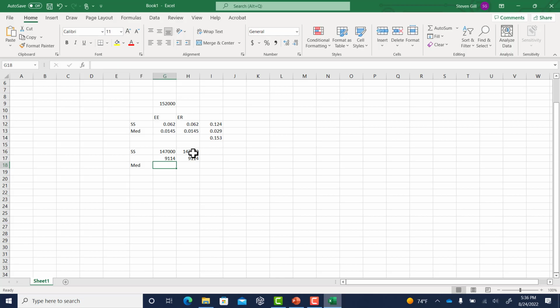Medicare does not suffer a cap, and remember we had to get over 200,000 even as a single person for that additional 0.9 to kick in. So our true base for Medicare is the full 152,000, and our rate is the full 1.45. And again, we can just take those amounts and copy them over. Oh, I put them in as formulas.